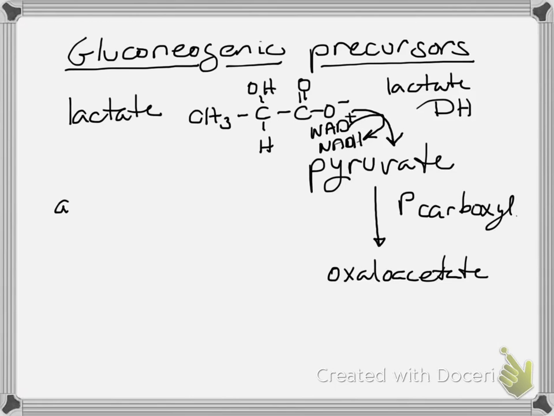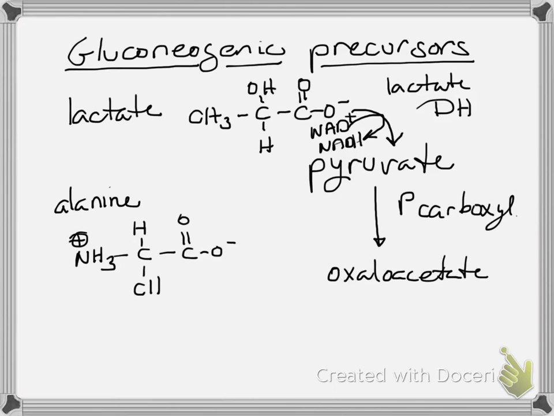Another source is alanine, the amino acid alanine. So if we look at the structure of alanine, we can see here that there is the potential for using a carbon backbone.